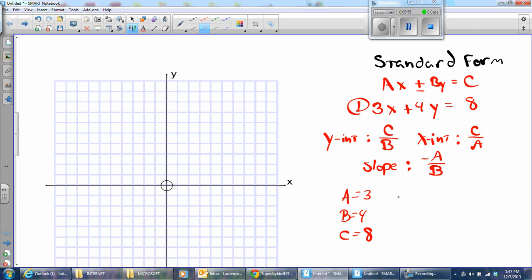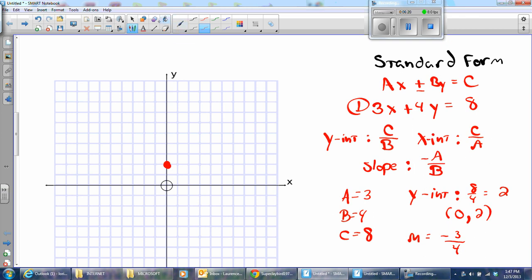So instead, I'll find the y-intercept, which I notice will be a whole number, because I'll take 8 divided by 4 and get 2, so my y-intercept occurs at (0, 2). And then my slope, I'll take the negative of A and put it over B. So all I have to do is plot the point (0, 2).